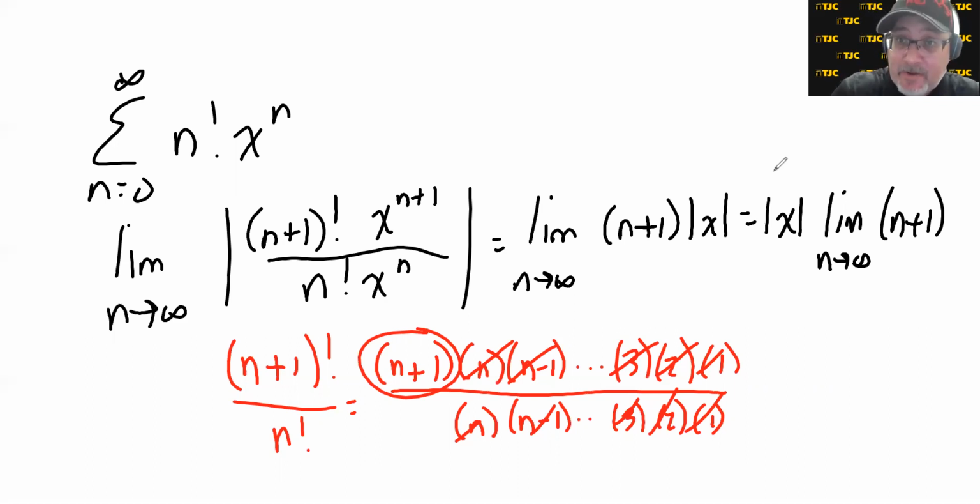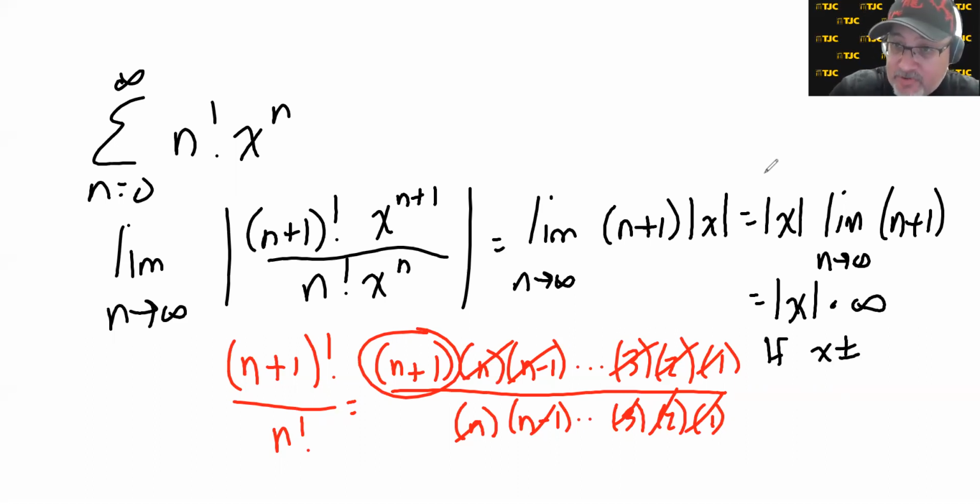You get infinity. So bending the rules a little bit and doing some infinity arithmetic, we have the absolute value of x times infinity. Now, we already know what happens when x equals 0. But what happens if x is not equal to 0?